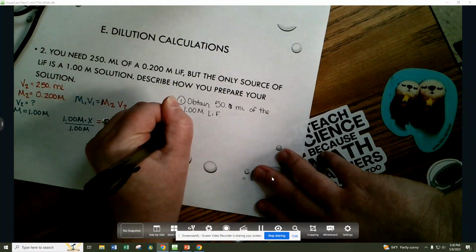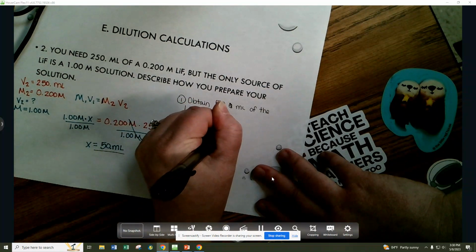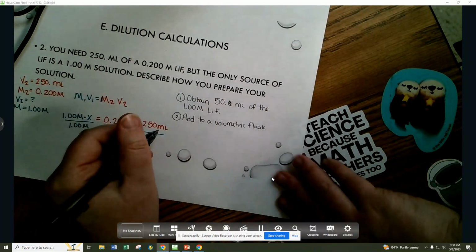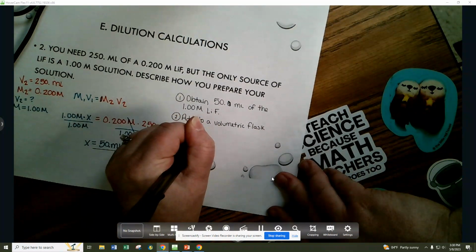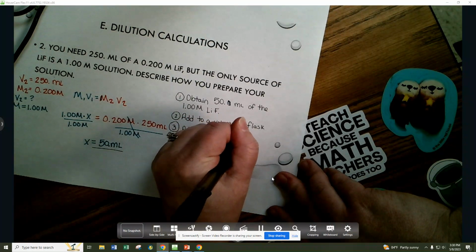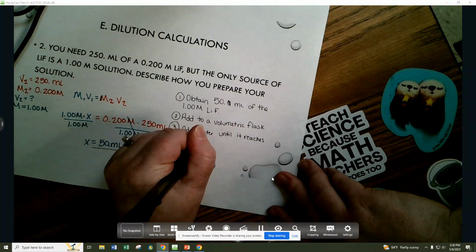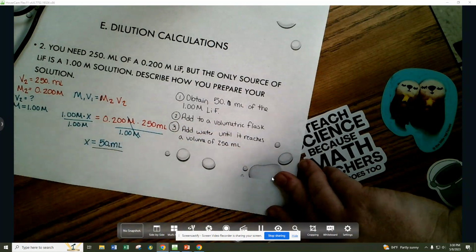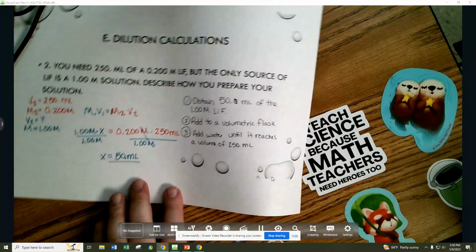We would add it to a volumetric flask, and then we would add water to this flask until it reaches a volume of 250. And this is how you water down something that's concentrated to something that's less concentrated through the molarity dilution equation.